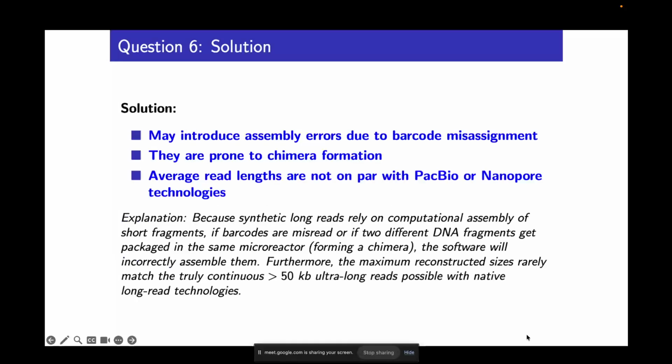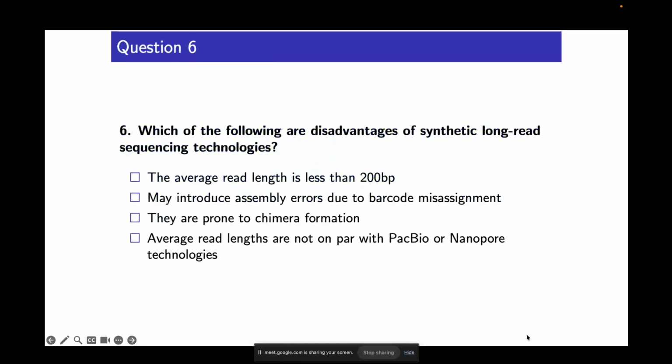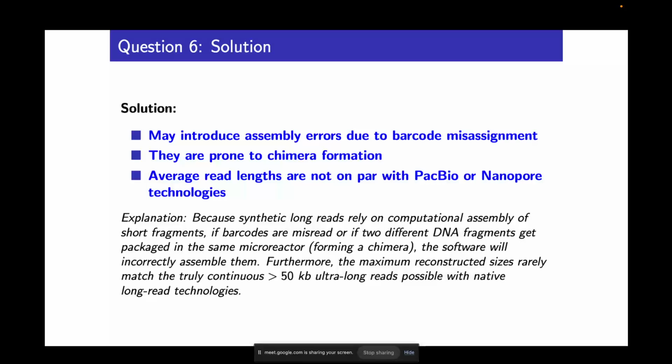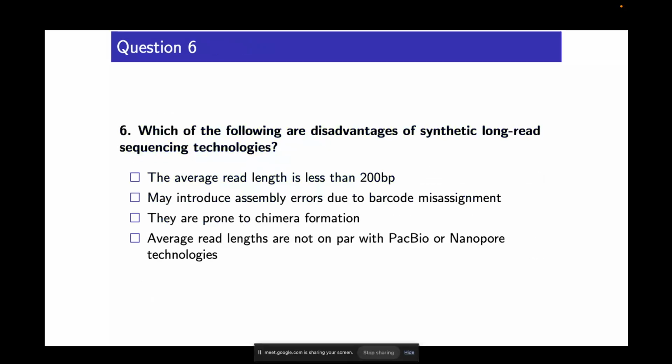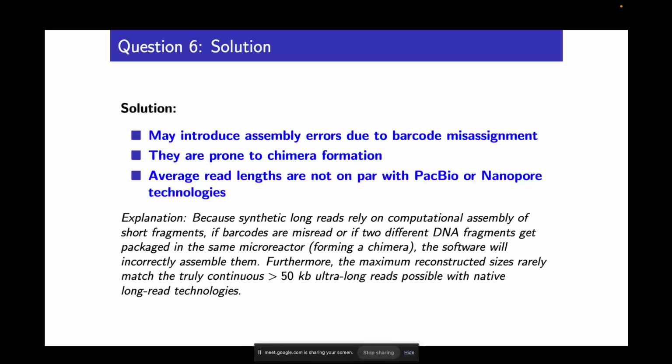I think these are B, C, and D, if I'm not wrong. So the question is the disadvantage of synthetic long read technology, right? When you're doing synthetic long reads, they rely a lot on computational assembly of these shorter fragments. So these are not actually longer fragments that you have sequenced. These are shorter fragments you have computationally merged one on top of another with the help of a graph alignment that I just showed, and then you make a single long read out of that. But that technically is not a single long read.